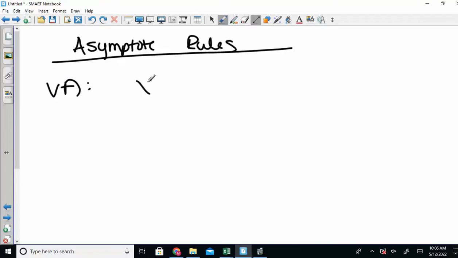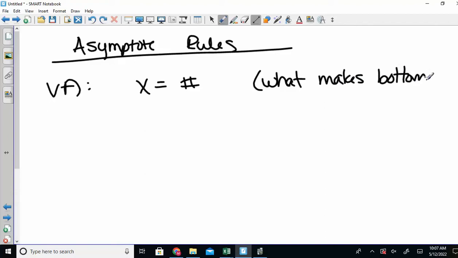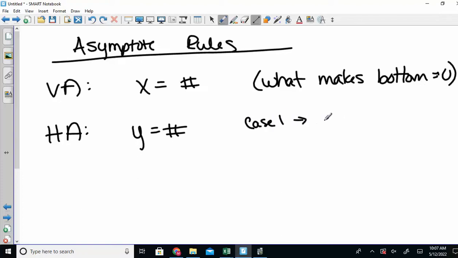So vertical asymptote is always x equals a number. And that number is what makes the bottom equal 0. Horizontal asymptote is always y equals a number. And there's 2 cases.